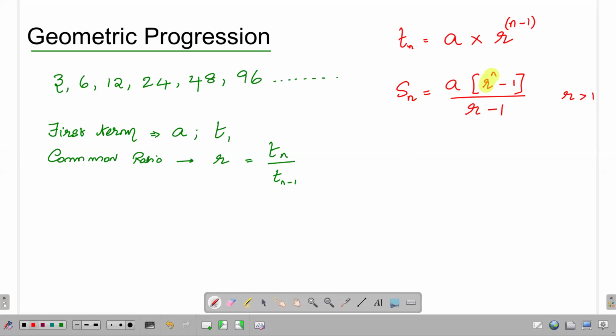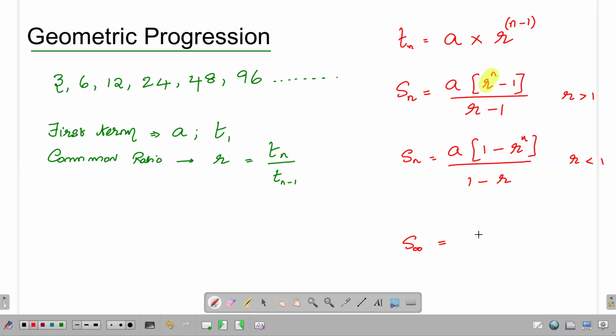Okay, there is one more formula. Sn is a into 1 minus r power n, whole divided by 1 minus r. This you will use when the r value is less than 1. Please make a note of this. Now, there is one more concept, that is the sum to infinity of a GP.